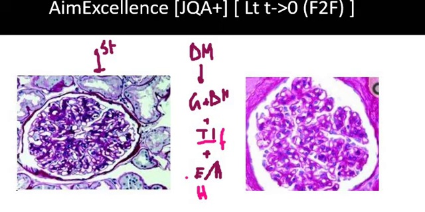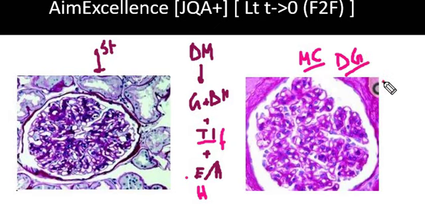So we already have talked about the first change, the mild diffuse expansion of the mesangium. On the right hand side, what you are seeing is the most common change seen in cases of diabetes mellitus, and this is known as diffuse glomerulosclerosis.